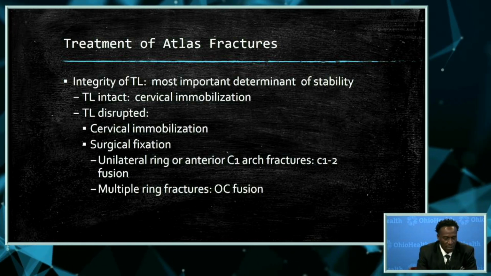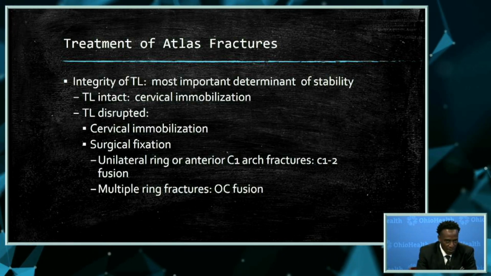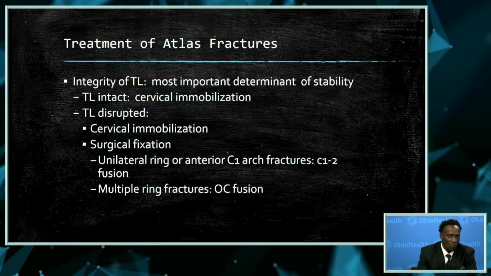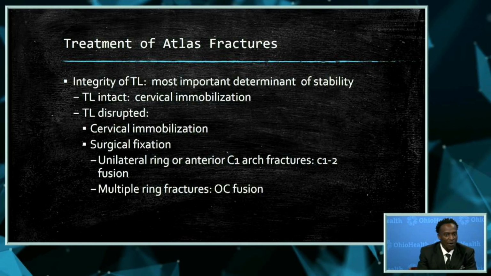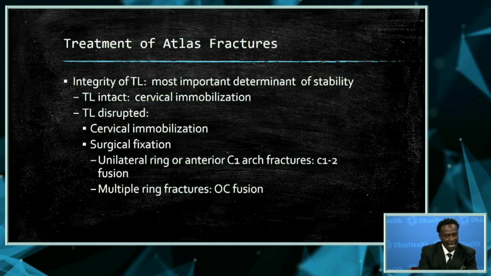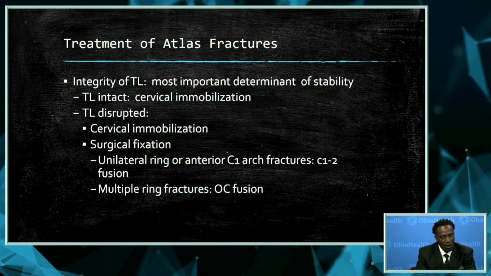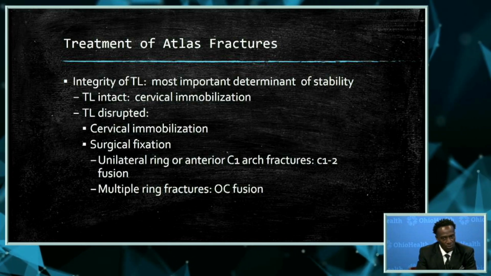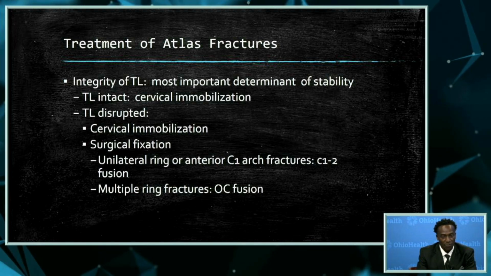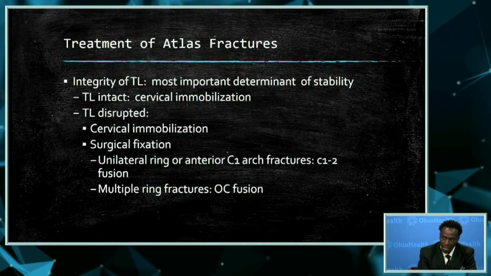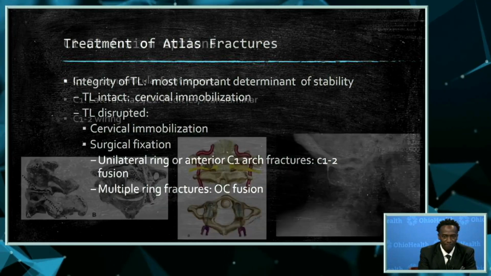If the transverse ligament is disrupted, then the treatment would either be cervical immobilization or surgical fixation. And if you have a unilateral ring or just an anterior C1 arch fracture, then a C1, C2 fusion will suffice. If you have multiple ring fractures, like the classic Jefferson burst fracture, then it is important to go to the occiput.